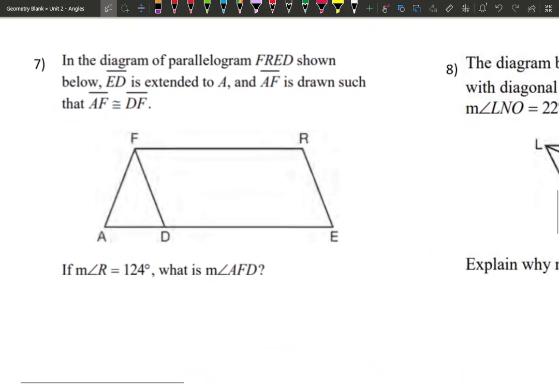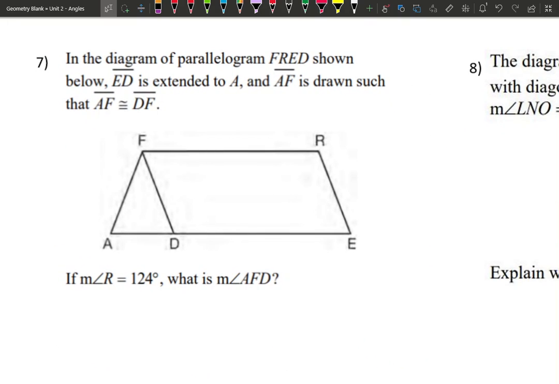Okay, let's do some of these problems. All right, these are all Regents problems that deal with angles. So we know we have a parallelogram, FRED, so FRED is a parallelogram. And AF, this is the important piece here, AF is congruent to DF. So that's an isosceles triangle.